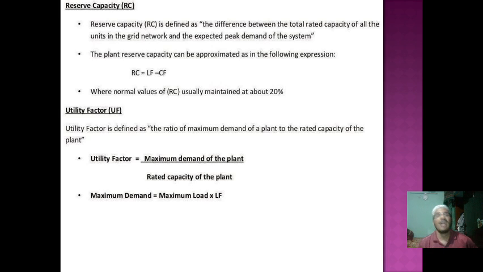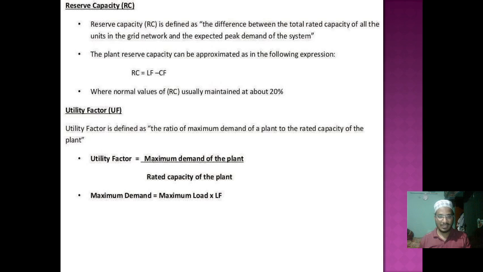Like that, every power plant takes from reserve capacity for the initial basic uses. It is the difference between the total rated capacity of all units in the grid network and the expected peak demand of the system. We can easily find the reserve capacity value: it is equal to the load factor minus the capacity factor.